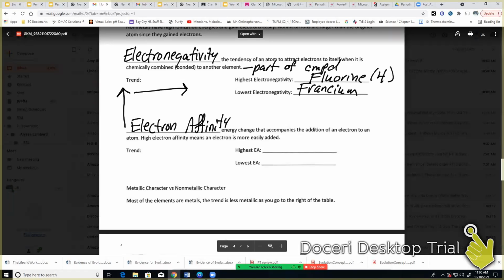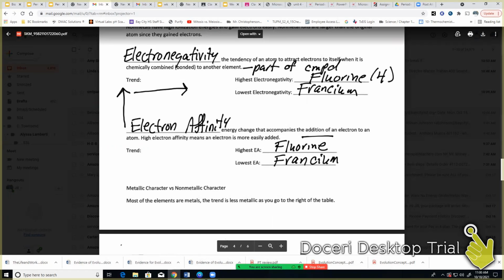It's the energy change that now accompanies the addition of an electron. High electron affinity means an electron is more easily added. So my very highest is fluorine, and my very lowest is francium.